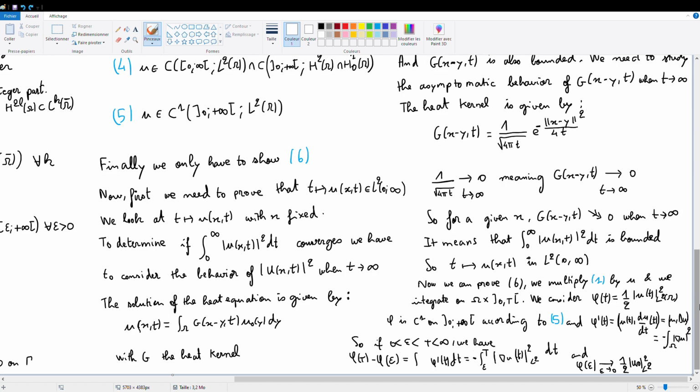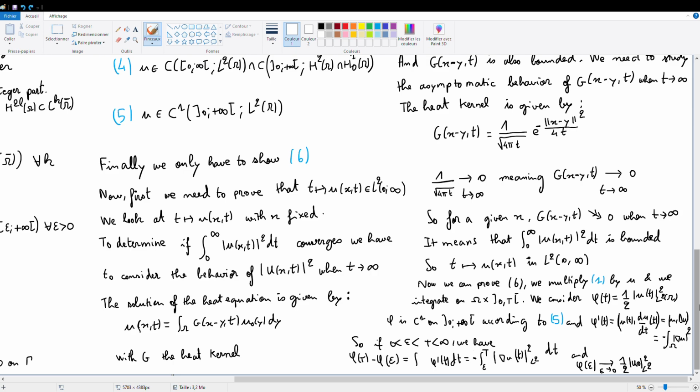Multiply 1 by u and we integrate on omega times (0,t). We consider the following function phi. Phi is C1 on (0, plus infinity) according to 5, and the derivative of phi is given as follows.